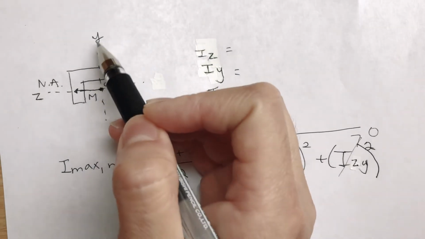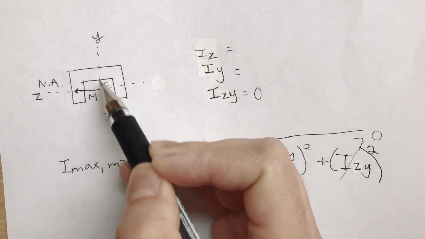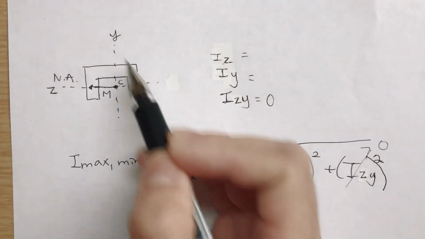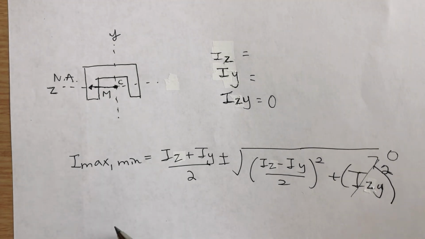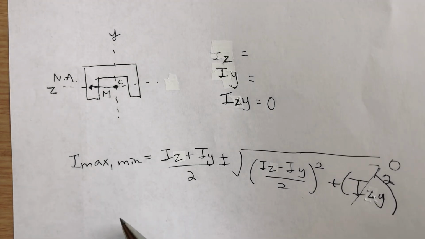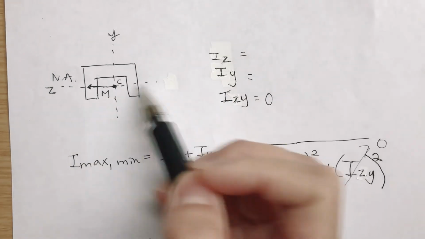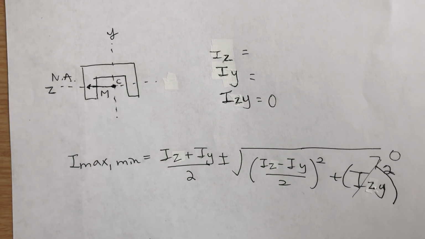So if you know that at least one of the axes is a line of symmetry, then you immediately know that this coordinate system is the principal coordinate axis. So "axes" means both axes are the principal centroidal axes.